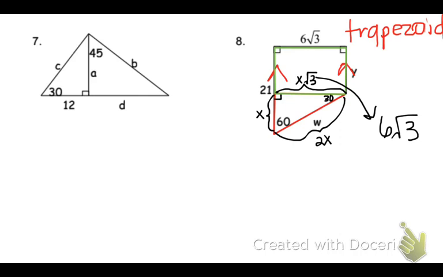Well, in this case, it's kind of easy because the pattern already looks similar, since our X root 3 has a root 3 in its actual value. So if X root 3 is 6 root 3, then the root 3's stay the same, which just means that X is 6. So then that means over here, this part of the 30, 60, 90 triangle would be 6. So then, if X is 6, we're looking for 2X or W, so W would be 2 times 6, or 12.